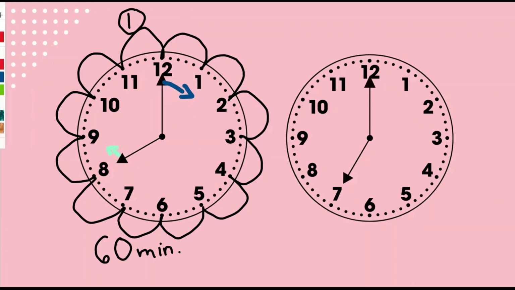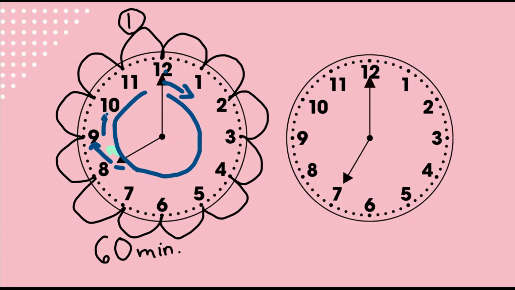So when this minute hand reaches all the way around and keeps going all the way around, the hour hand here moves to the 9 o'clock. Then it will move again all the way around to the 10 o'clock and so forth.